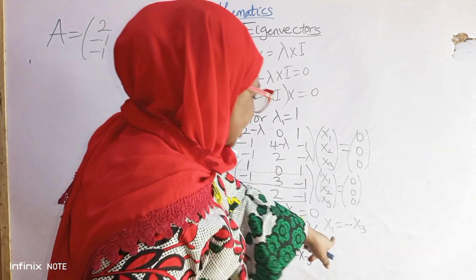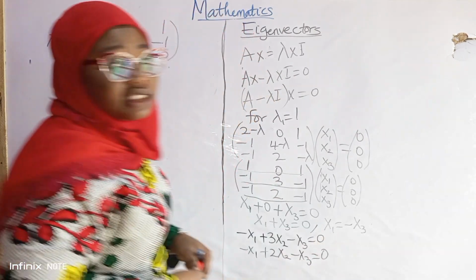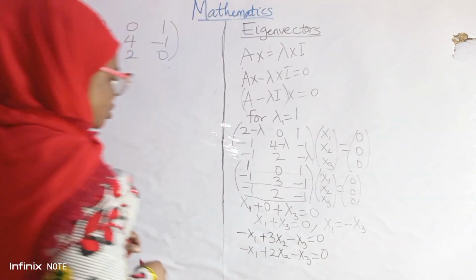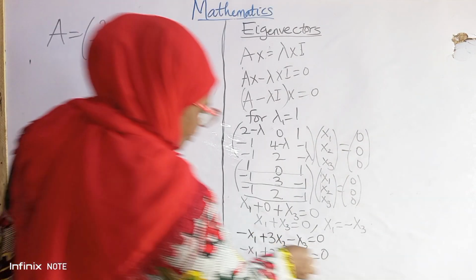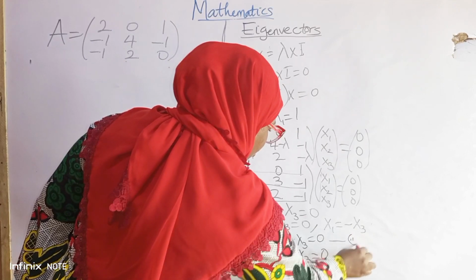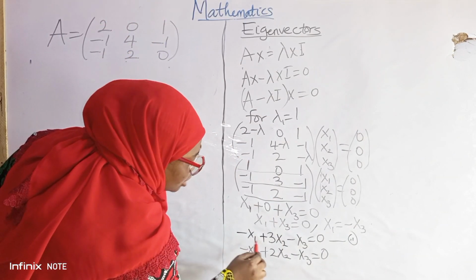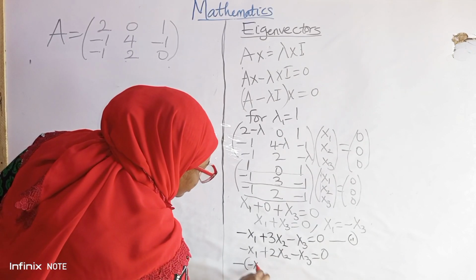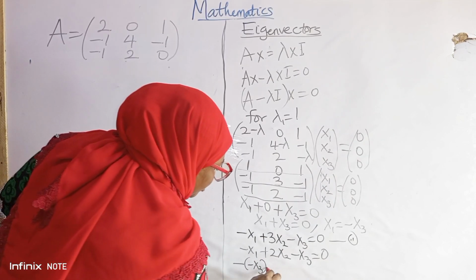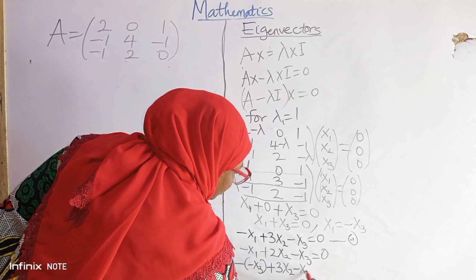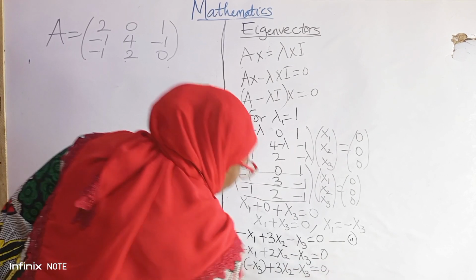Now recall that x1 is equal to minus x3. So anywhere we say x1, let's put minus x3 there. From equation 2, we have minus x1, which is minus minus x3. Then plus 3x2 minus x3 is equal to 0.